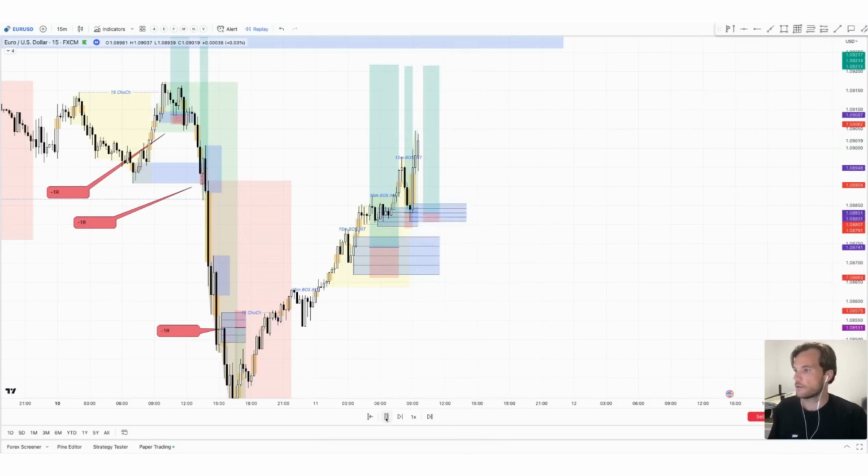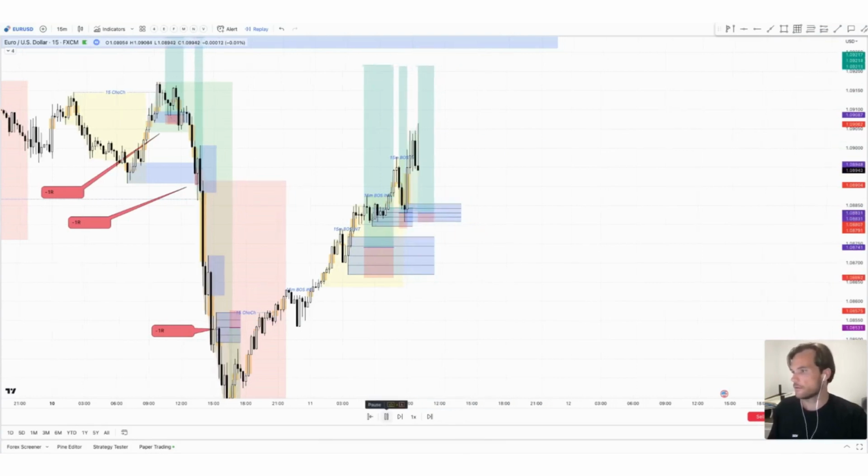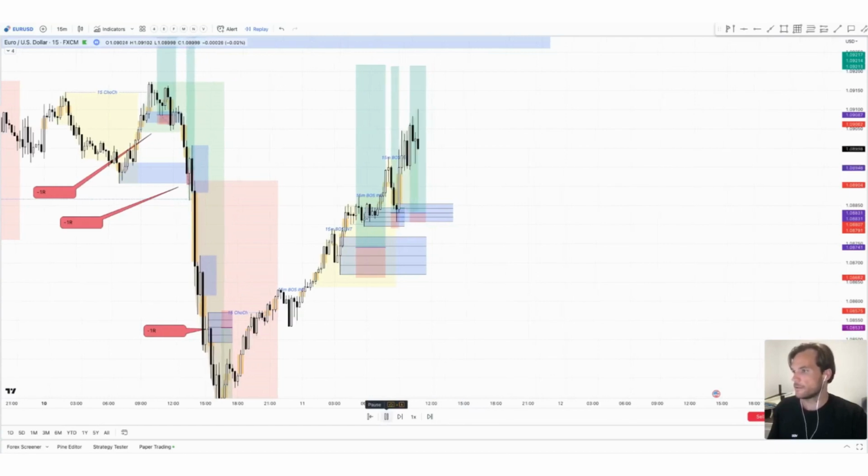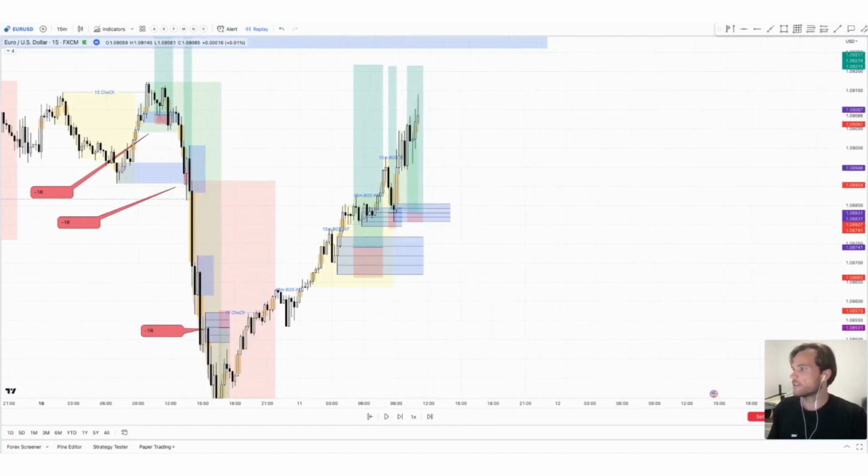So let's see. I did miss an entry here. We had one that swept the lows and made a lower high. So for me, that's a valid demand.